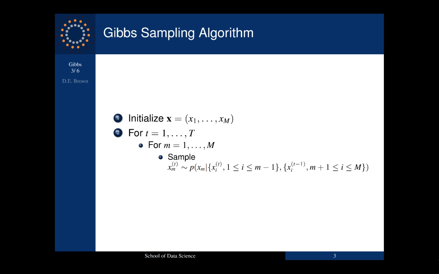So they're still at their previous point from the previous iteration, t minus 1. And that's how this works. We just go through each one of the dimensions one at a time in order and sample from one of those dimensions, fixing the other dimensions according to whether we've already seen them in this iteration or whether we saw them in the last iteration.